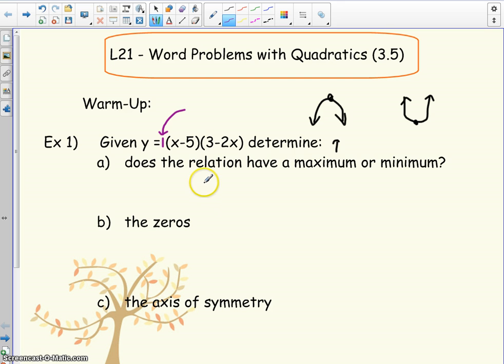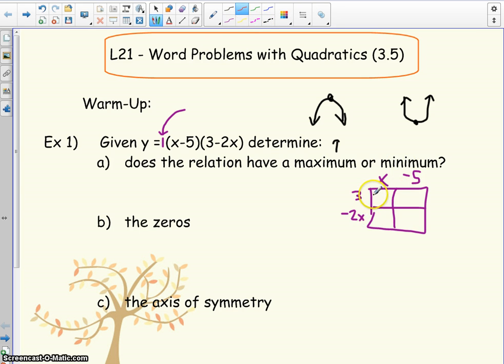Well, remember, you're looking at the a value from standard form to help you determine whether it's opening up or down. So if you want to be completely sure, you've got to look at standard form. So if you were to expand this one out using an array, you give yourself x minus 5 and 3 minus 2x.